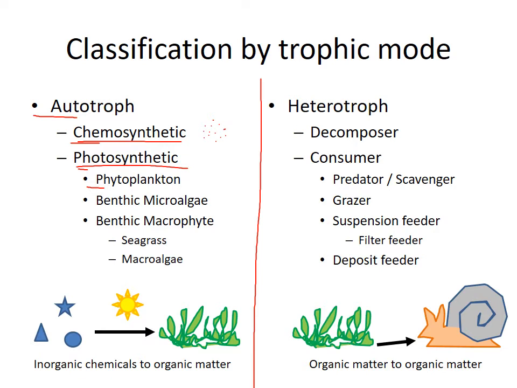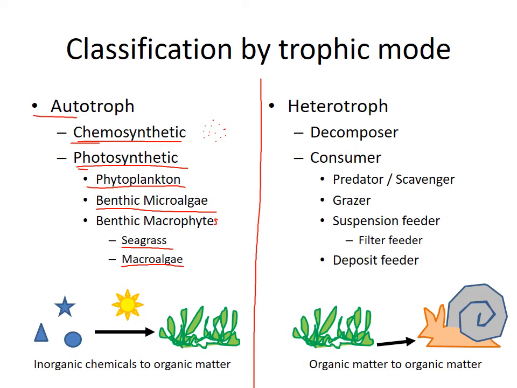Within the photosynthetic autotrophs, you've got various groups like phytoplankton, which we know are planktonic, single-celled photosynthetic autotrophs. Benthic microalgae, which are single-celled algae that live on the bottom. And benthic macrophytes. So that would be multicellular plant-like organisms that live on the bottom, including true plants like seagrass and algae like macroalgae.